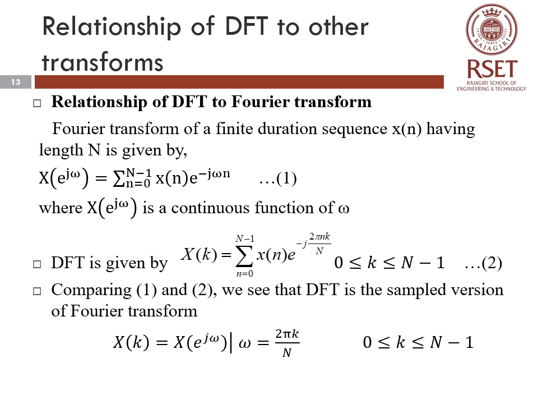Now if you compare equations 1 and 2, we see that the DFT is a sampled version of the Fourier transform, as shown: X of k is equal to X of e power j omega sampled at omega equal to 2 pi k by n.